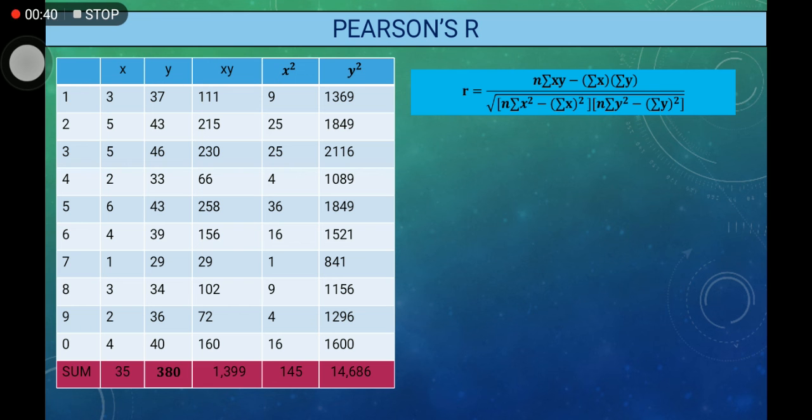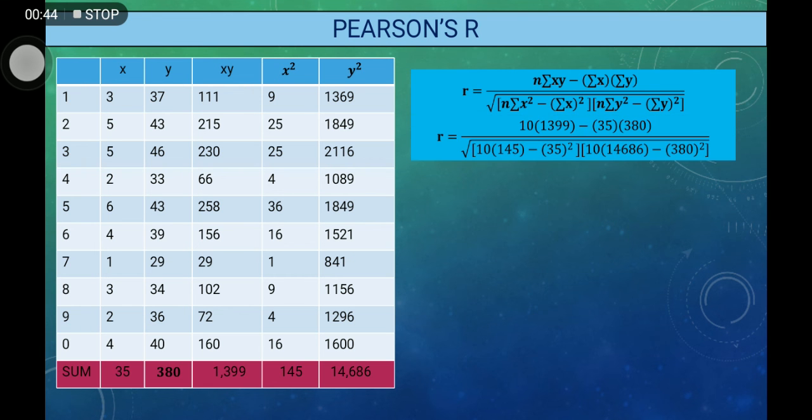So, kung titignan natin, lahat ng hinahanap dyan is nakuha na natin dito sa table. Kaya ngayon, ang gagawin natin is substitute natin yung mga data na hinahanap. So, 10 times 1,399 minus 35 times 380 over square root of 10 times 145 minus 35 square times 10 times 14,686 minus 380 square.